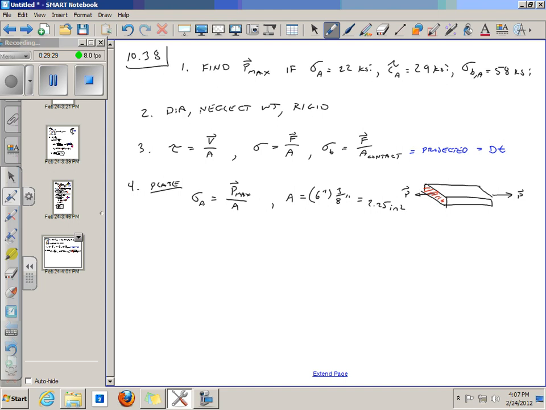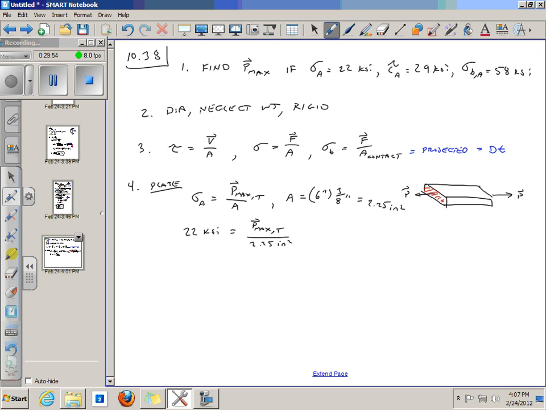So let's fill in the known values. The allowable stress in tension is 22 ksi, and that's equal to the maximum P, and let's say maximum P sub T for tension, because if we're going to fail in tension, this is how much force we can apply, over that 2.25 square inches.